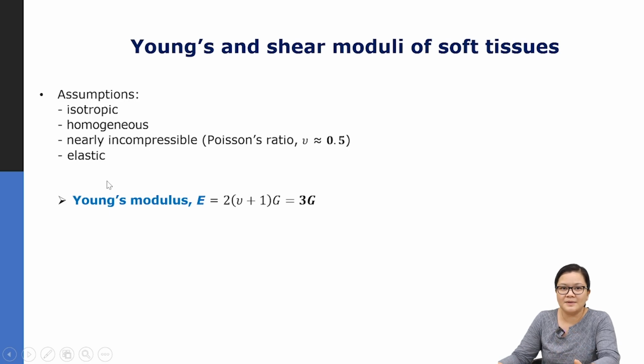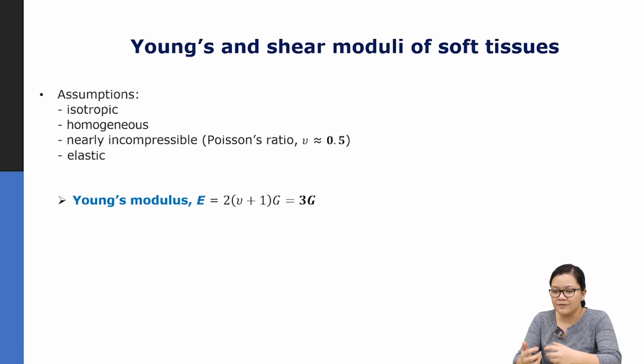And if you assume that the material is elastic, then the Young's modulus can be related to the shear wave speed or the shear modulus by this equation here, where the Young's modulus is 3 times the shear modulus. Now, this is the general expression for the relationship between Young's modulus and the shear modulus. But if you plug in 0.5 in this equation, it becomes 3 times the shear modulus here.